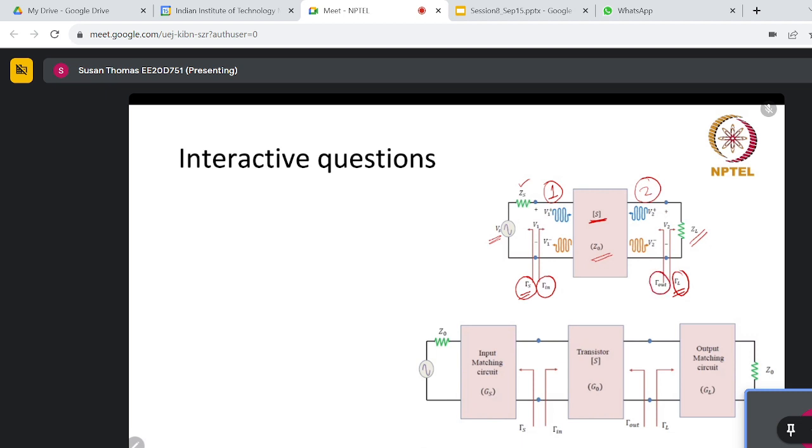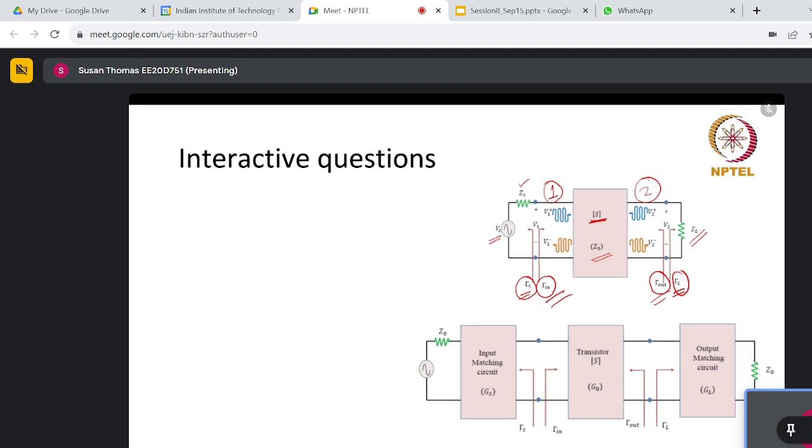If you see this arrow mark, it is looking into port 1, the transistor amplifier's input side, and this is towards the output side. So one is the input reflection coefficient and the other is the output reflection coefficient. We will have a lot of discussions about these reflection coefficients.